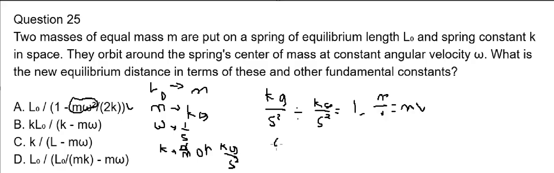So I should probably label this as A. Then for B, k minus m omega, that's going to be kilograms per second squared minus kilograms per second.